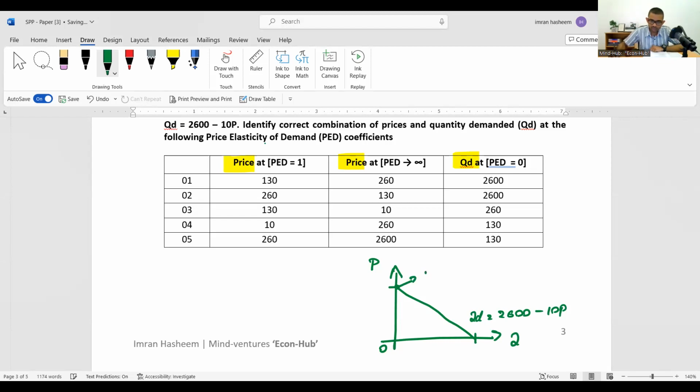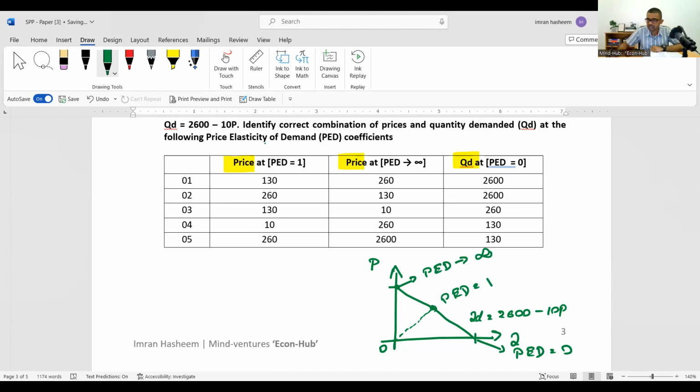Here we know the PED is, or may reach, infinity. Here at this point, we know the PED is 0. And we know at the midpoint of the curve, the midpoint of the diagram, PED equals 1.